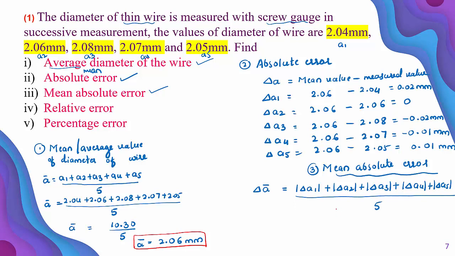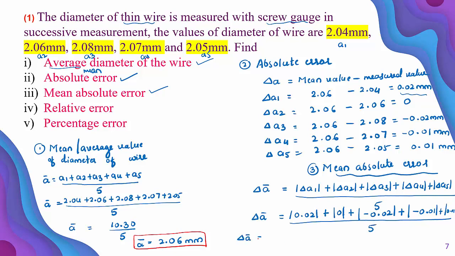Now find the mean absolute error. Delta A bar is equal to, substitute all the values, mod of delta A1 is how much? 0.02 millimeter. So here we can write 0.02 plus delta A2 we got 0 plus mod of delta A3, minus 0.02, plus delta A4 minus 0.01, plus delta A5 0.01, divided by 5.